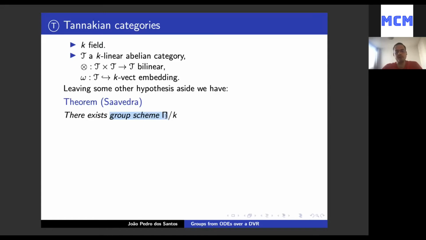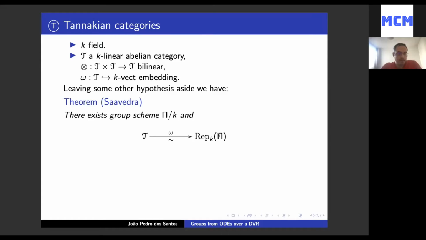So pi is some affine group scheme, so you can think of it as a pro-algebraic group, a limit of linear algebraic groups. And you have this equivalence: omega gives you an equivalence between the two categories, T and representations of pi. Here representation is taken in the sense of finite dimensional representation of this group scheme.